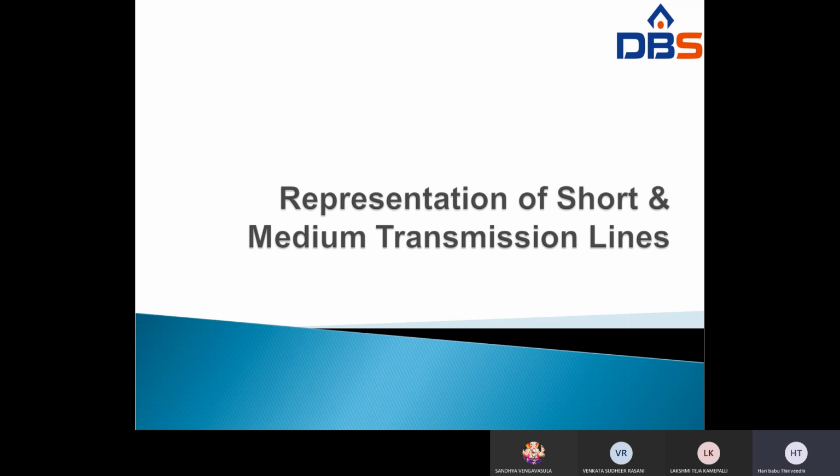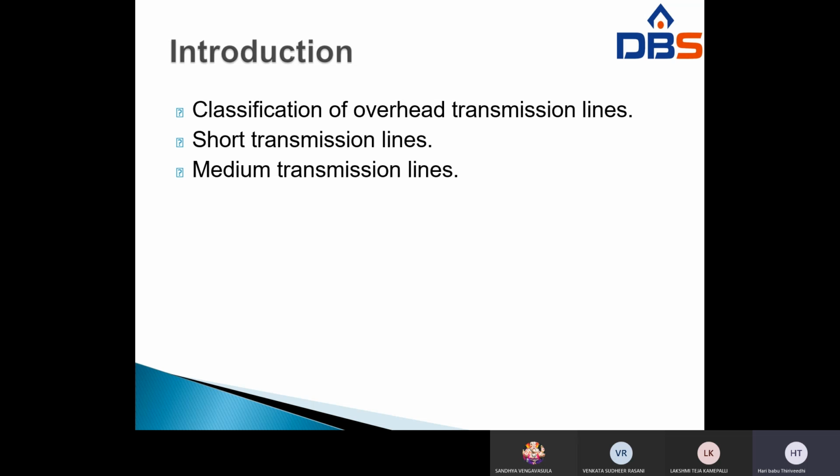Generally, to represent the short and medium lines, first of all, we go for the classification of overhead transmission line, and then performance of short transmission lines, then performance of medium transmission lines, and lastly performance of long transmission lines. Right? So first, classification of transmission lines.